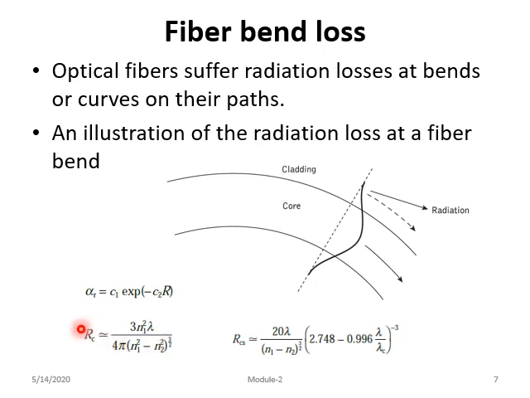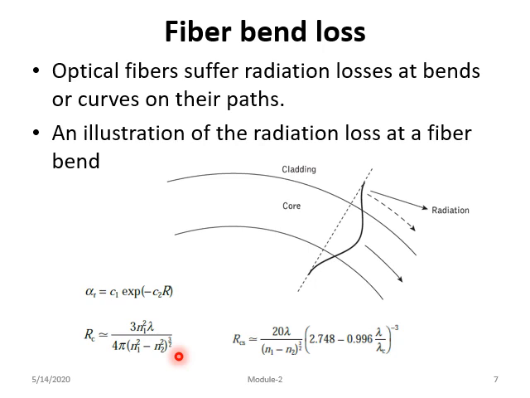The radius of curvature with respect to this we can calculate using this equation, 3n1 square lambda divided by 4 pi into (n1 square minus n2 square) to the power 3 by 2. This equation for the radius of curvature for a given optical fiber should be taken for the multimode.